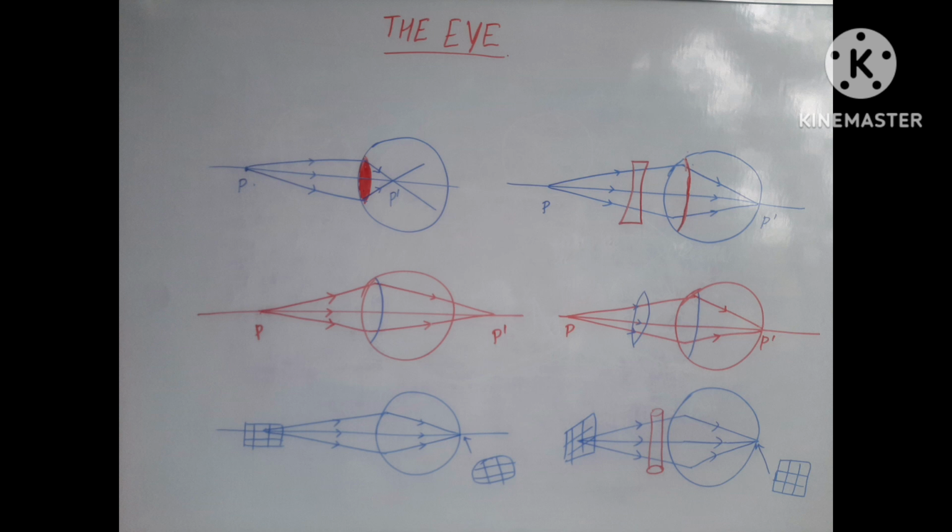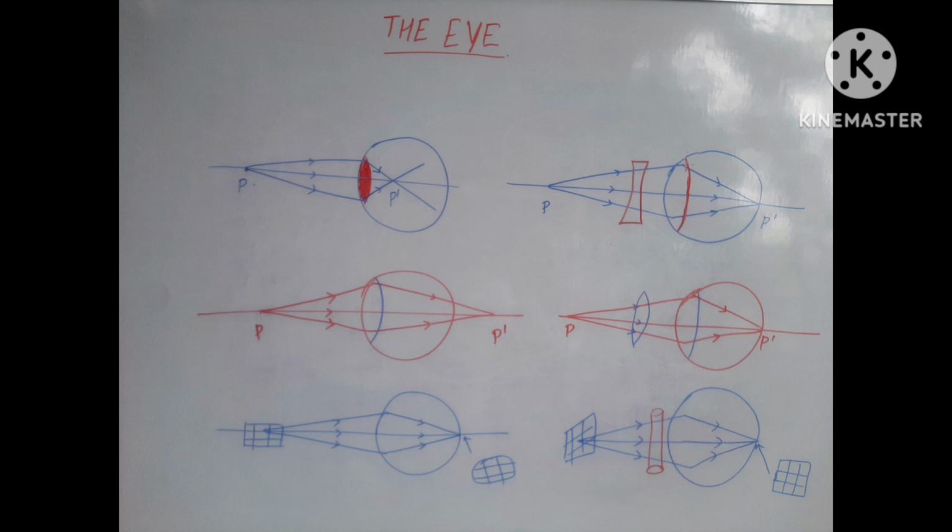This problem is due to too much convergence, and we can correct it by placing a concave lens in front of the eye.